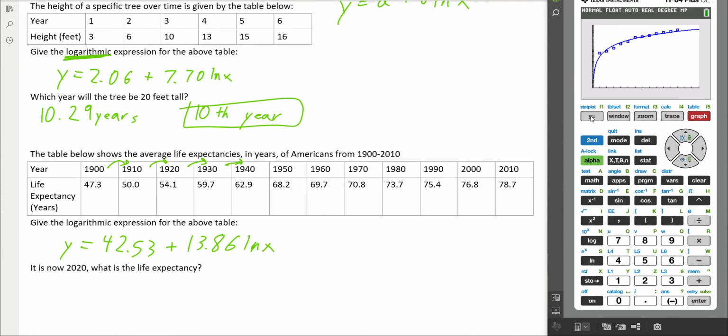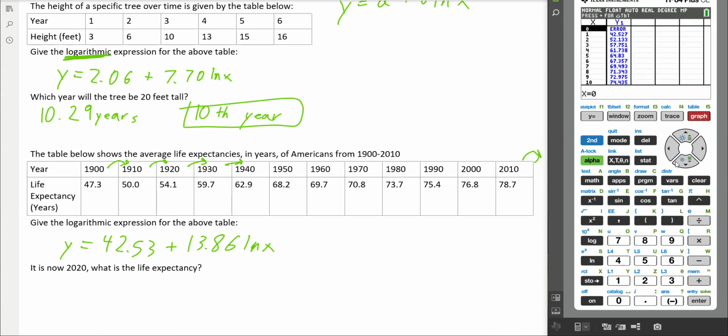Okay, so what you're going to do is say if it's another year, right? So if we went to the next data point, what would it be? So I click second function, and here where it says graph, it also says table. So I'm going to press there, and I'm going to go ahead and go to the next data point, the one I did not plug in, which is 13. So this data point right here is 78.07.